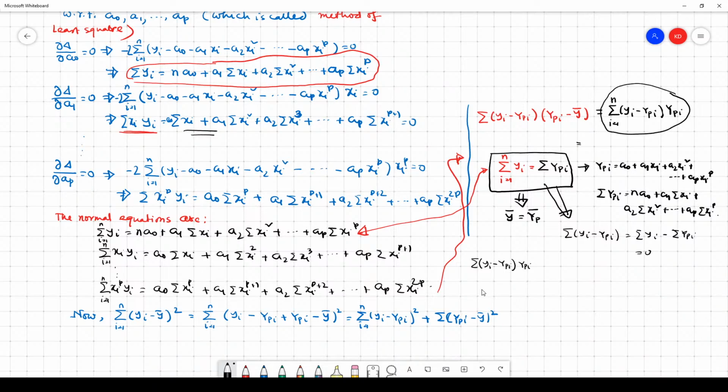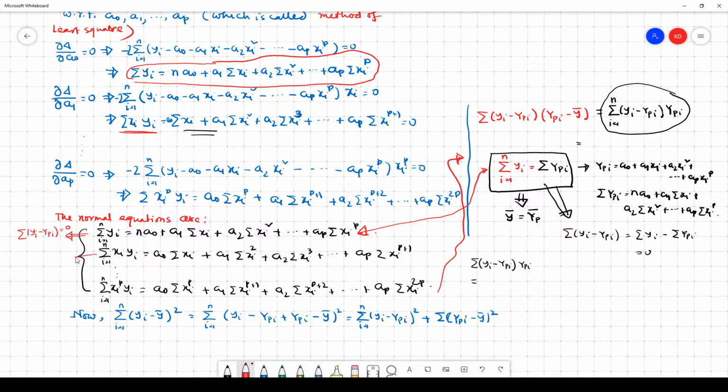Okay, and if you look at all the normal equations, please listen carefully. The first normal equation gives summation small yi minus capital Ypi equal to 0.